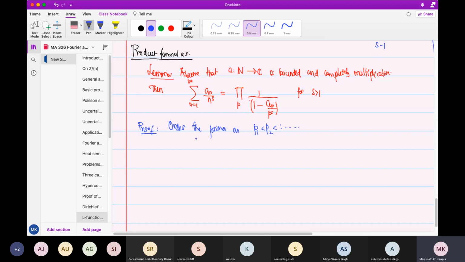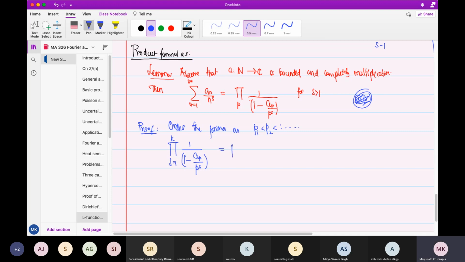So first let's take a finite product, j equals 1 up to k, of 1 over 1 minus A_p by p to the s. Since A is a function, I could also have written A of p, but for whatever reason, I got it as a subscript.